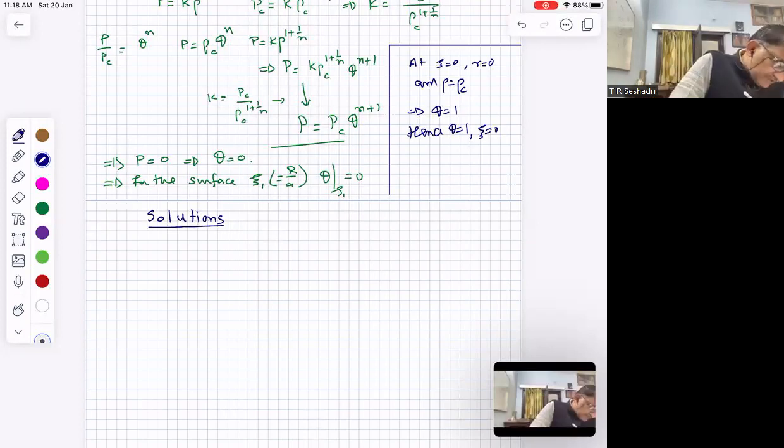for n equal to 0, I have theta as a function of xi. So I will put it this way, just for keeping track of the n, for a given n.